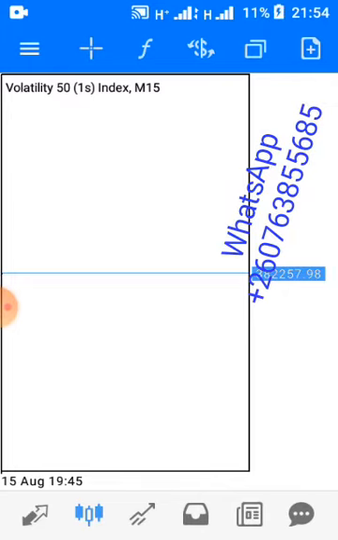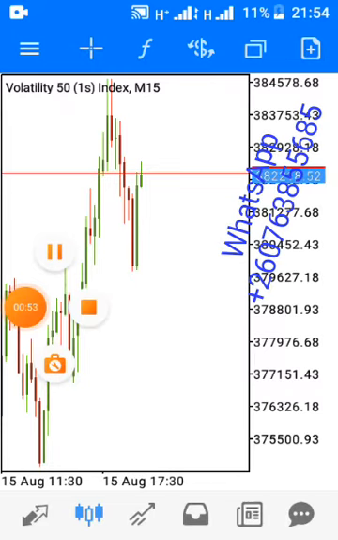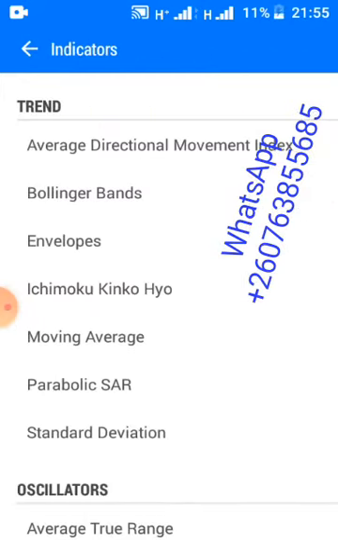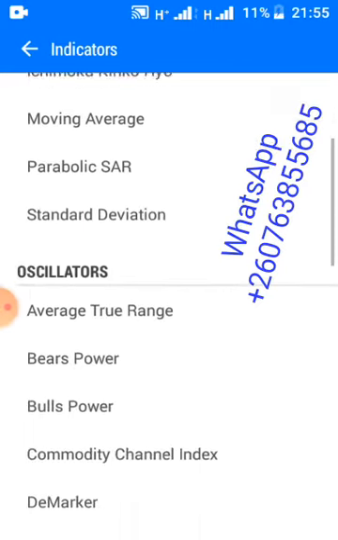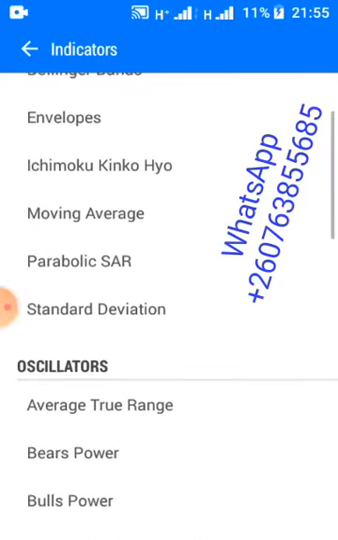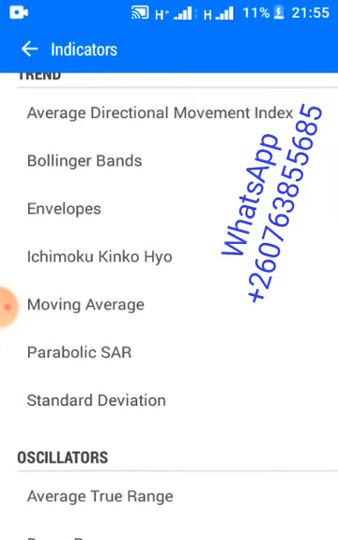So very quickly, we're just gonna add up the setup of the strategy. Okay, let's add the setup. The first thing we're gonna add is the ADX, the average directional movement index.